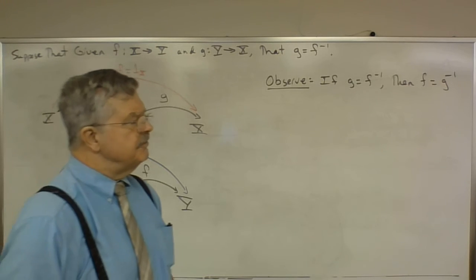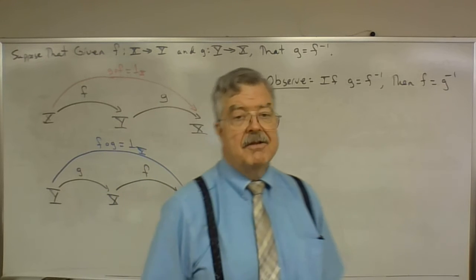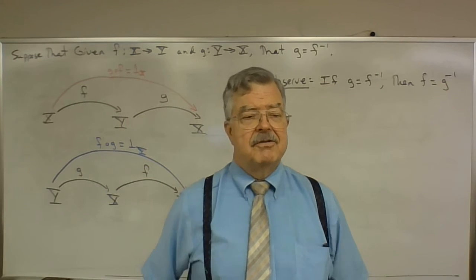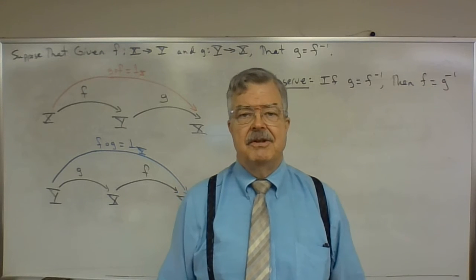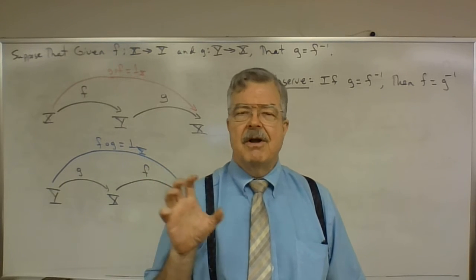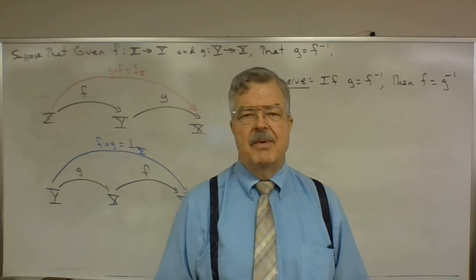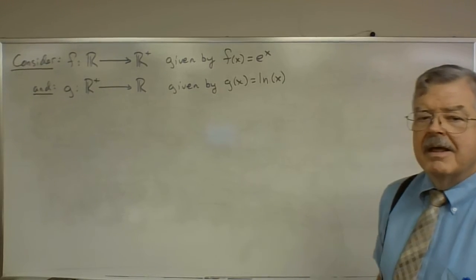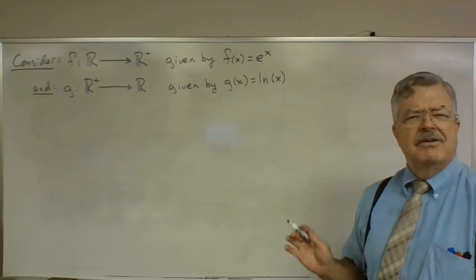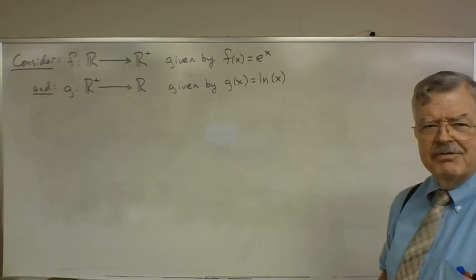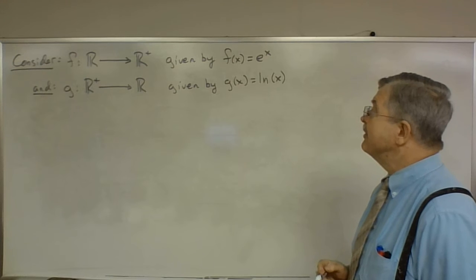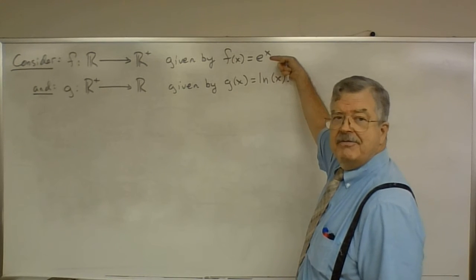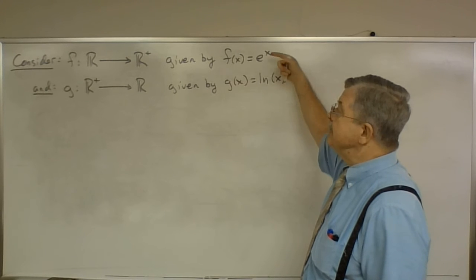Now let's look at some fairly well-known examples, just so that we can be absolutely sure that we're comfortable with this before we do anything theoretical. Here's a pair of functions that we've had some experience working with. f of x is the exponential function, e to the x.